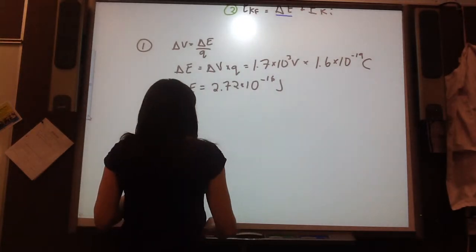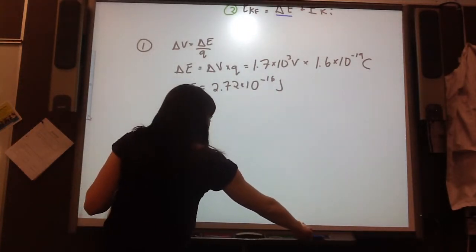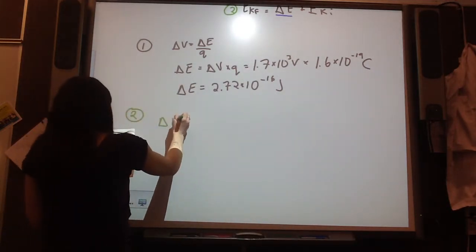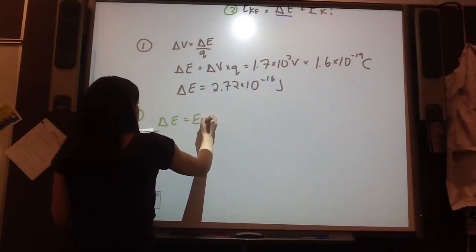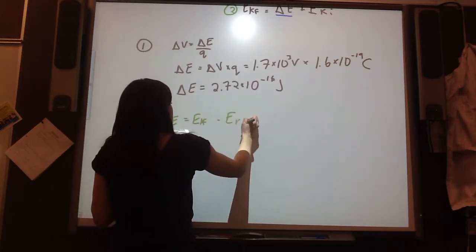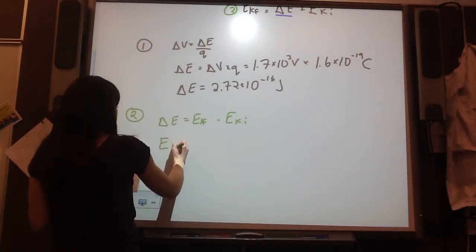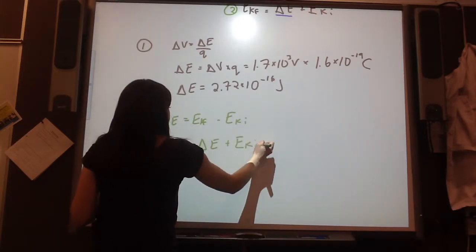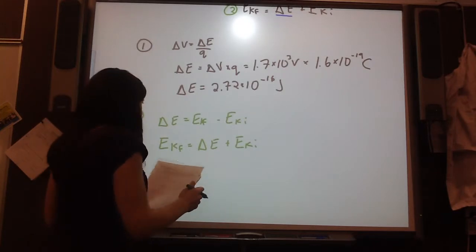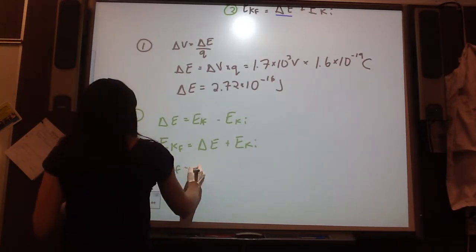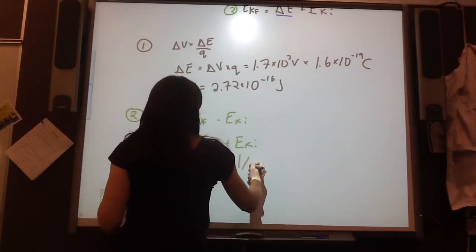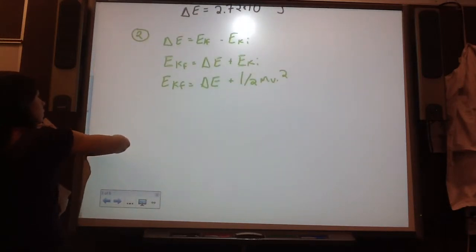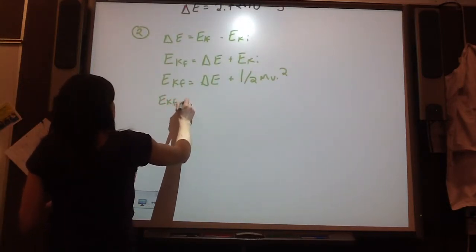Now my second step. I have delta E is equal to EKF minus EKI, so I'm going to rearrange to solve for EKF is equal to delta E plus EKI. If I expand that, I have delta E plus half m vi squared.